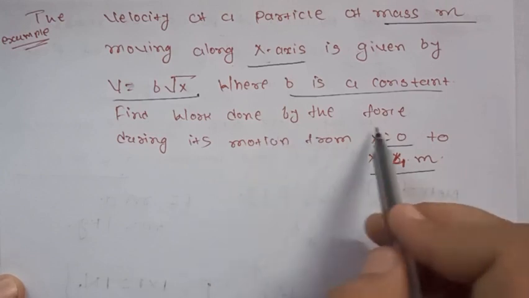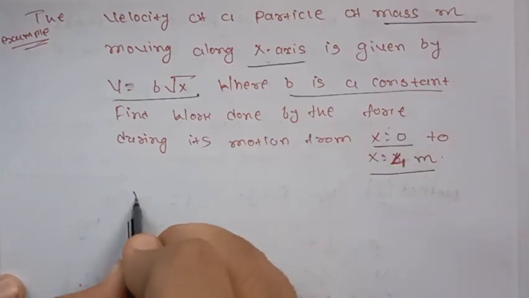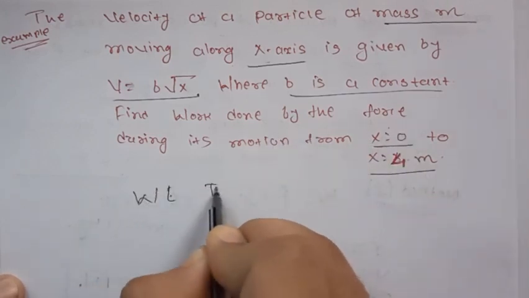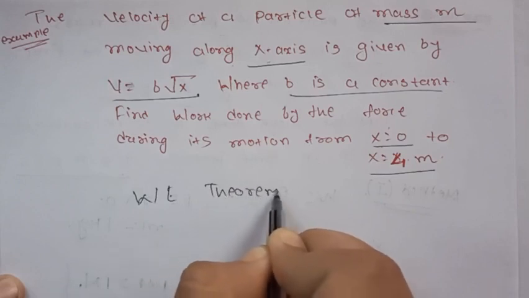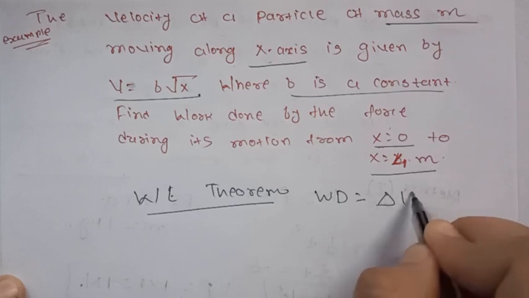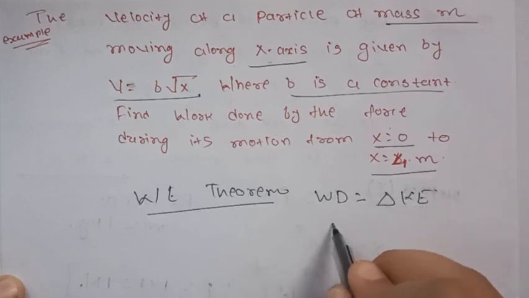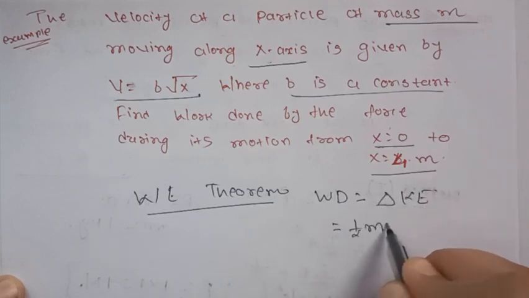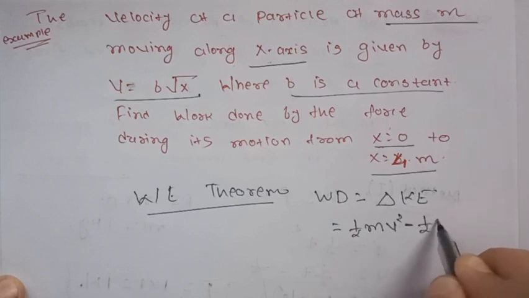To find the work done, we can use work energy theorem, that is work done is equal to change in kinetic energy, that is equal to half m v square minus half m u square.